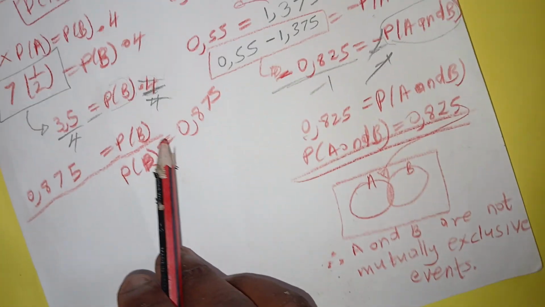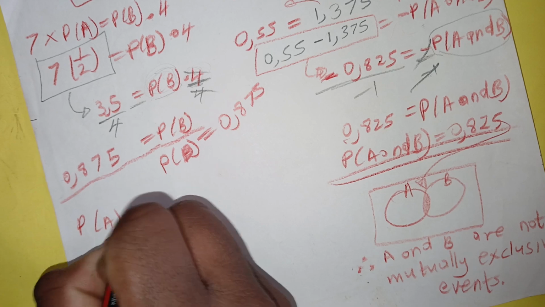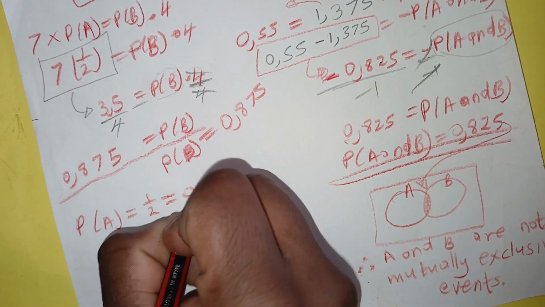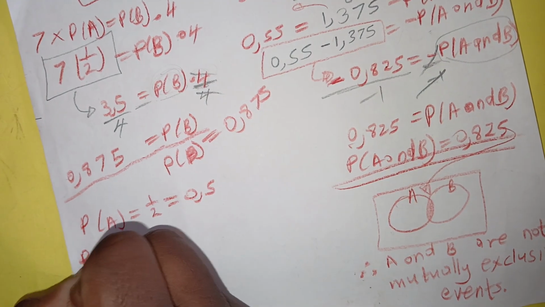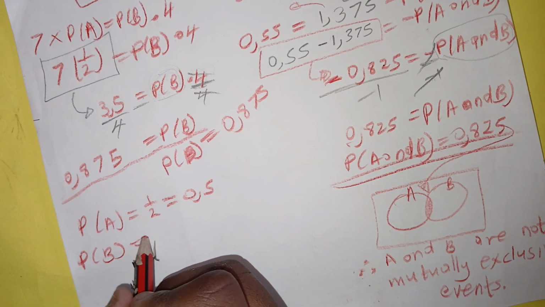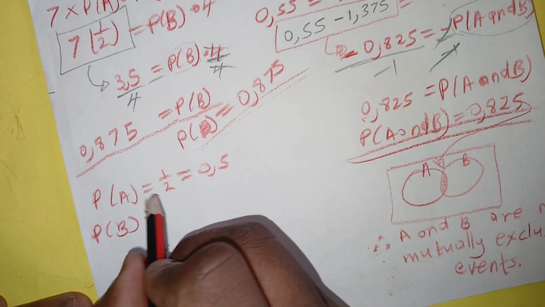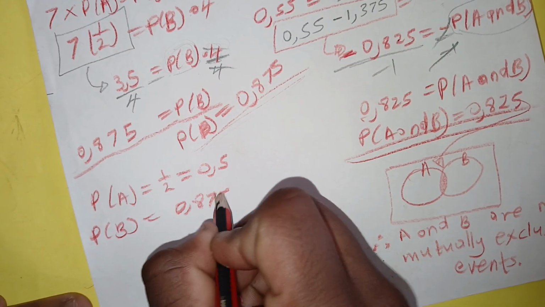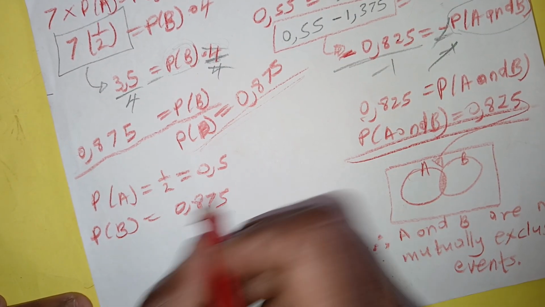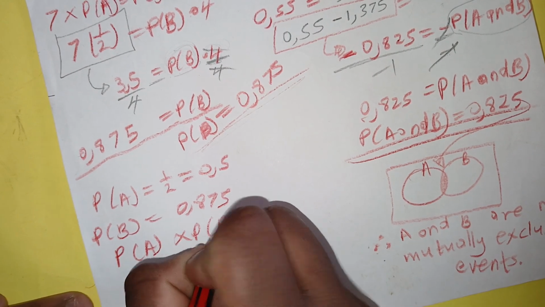So now I know that P A is equal to 1,2, which is 0,5. And I know B, because I already calculated. We solved it here, B is 0,875. So now I can apply that equation of A multiplied by B.